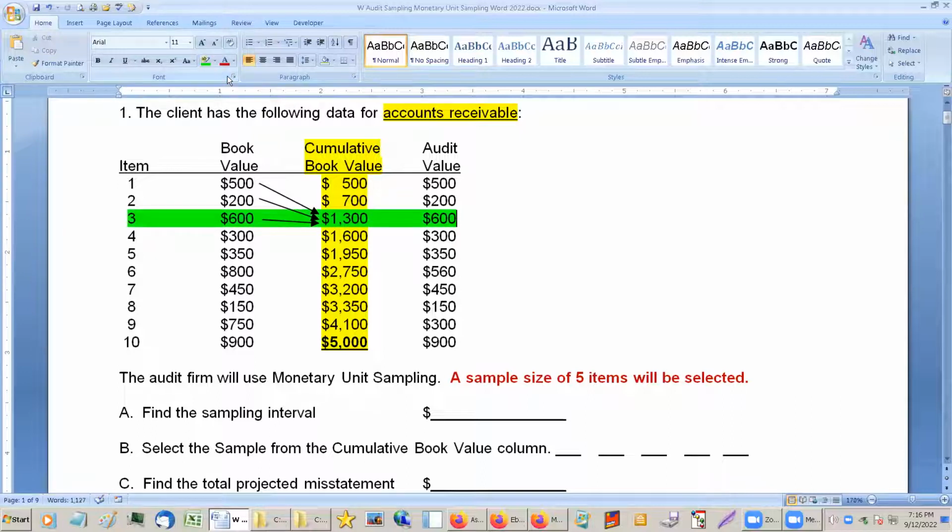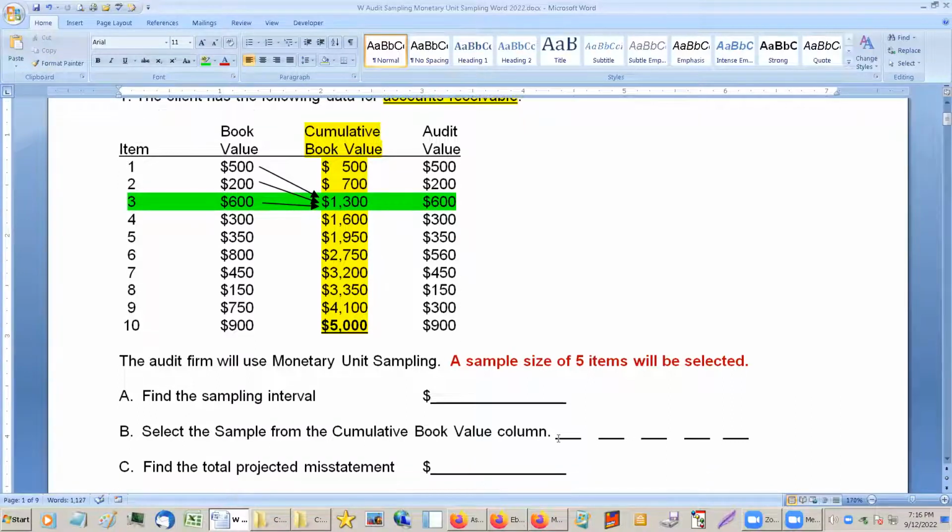That's the sampling interval, 5,000 divided by 5 items.